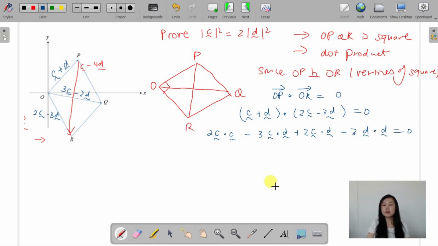Now also remember the property, so I'm just going to note it on this side. The property: if you have the product of equal factors, you get the magnitude squared. So that's going to help us simplify these two terms a little bit more. And I'm just going to simplify these guys.